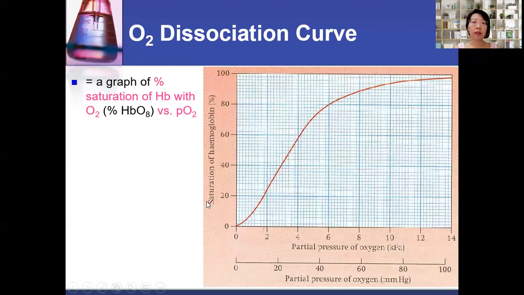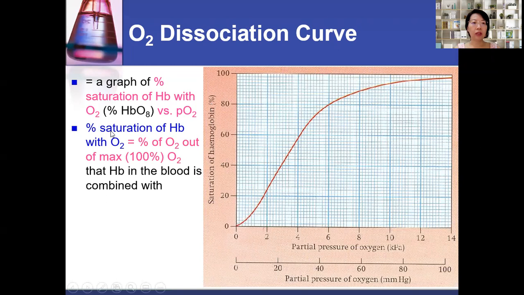So then what is saturation of hemoglobin? Percentage saturation of hemoglobin with oxygen means that for all the hemoglobin that we have in our blood, the maximum amount of oxygen that our hemoglobin can carry is considered as 100%.